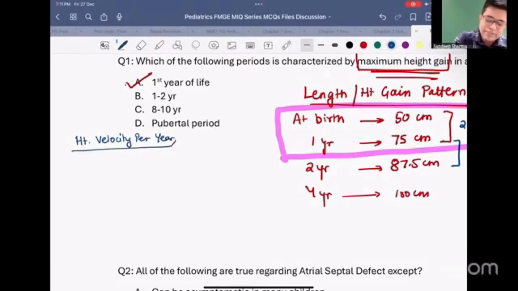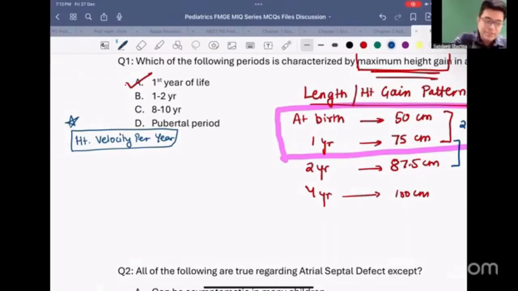If you look at the standard textbooks, this is the only thing which has not been asked so far in the FMG exam. If I am an examiner, I want to put a fresh question from anthropometry, this is the only thing from where a question has not been asked. So these points which I'm writing are very important, add them to the notes and please revise them at least once before you go to the exam. Because if you read something but you don't revise, you will not be able to recall it in the exam.